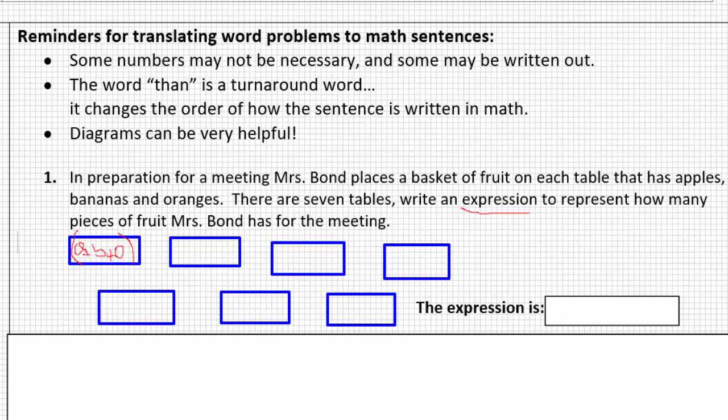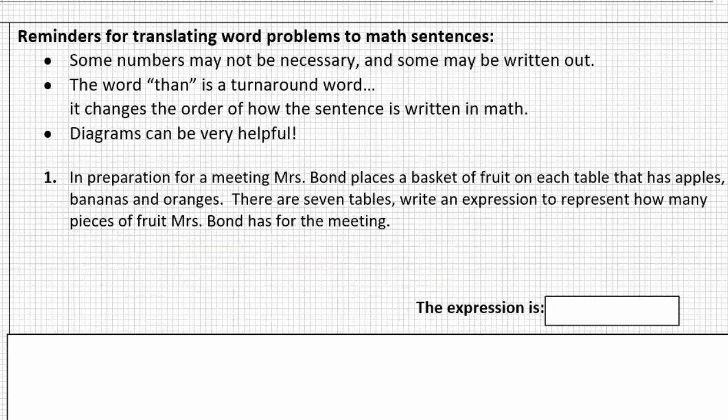So, if we are to translate that into mathematics, the expression would be 7 times the quantity A plus B plus O, where these represent the fruits, the total in one basket, times the 7 baskets placed on each of the 7 tables. So there's our first one.